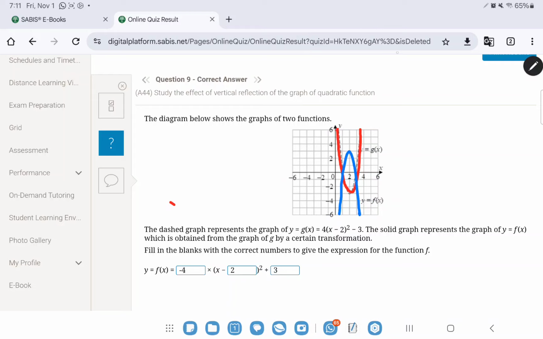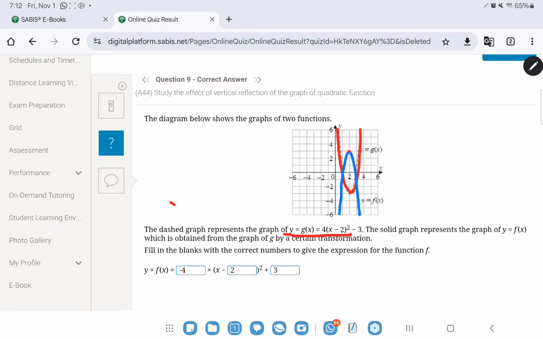Actually, let me use red color for the red graph. Now we're trying to find the blue graph's equation. As we could see, the graphs have the exact same vertex at opposite points. They're both at 2, but one is -3 and one is +3.